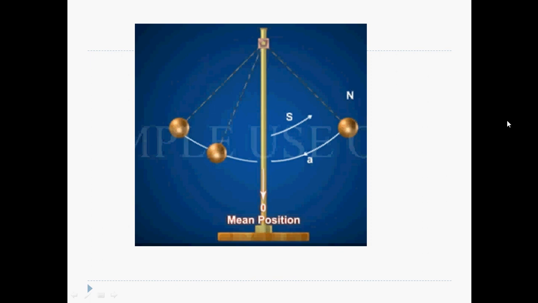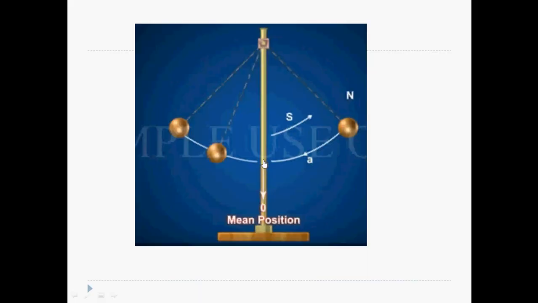So you see this example. Here we have a simple pendulum. This is the mean position, the stable equilibrium if the mass is kept here. And if we move the mass to an extreme position and then drop it, what happens? This simple pendulum will be oscillating like this, and the acceleration will always be directed to the mean position because the mass will always tend to achieve the mean position.